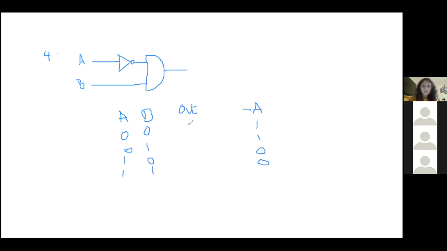That would be 0. 1 and 1 would be 1. 0 and 0 would be 0. And 1 and 0 would be 0. So this is the output, and this is the truth table for the logic gate that we've drawn above.